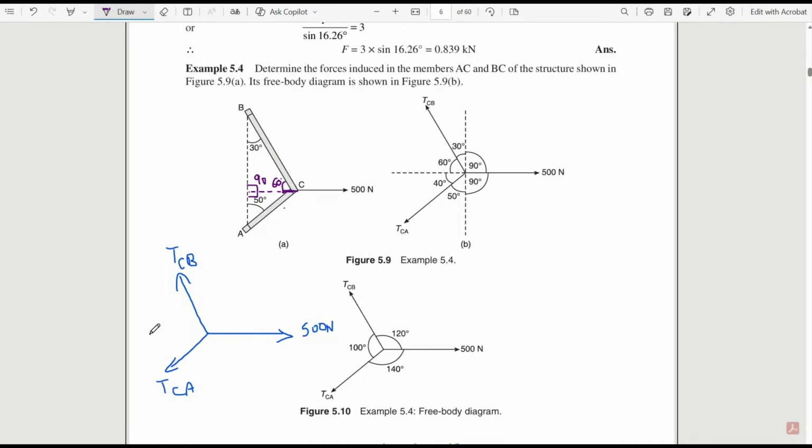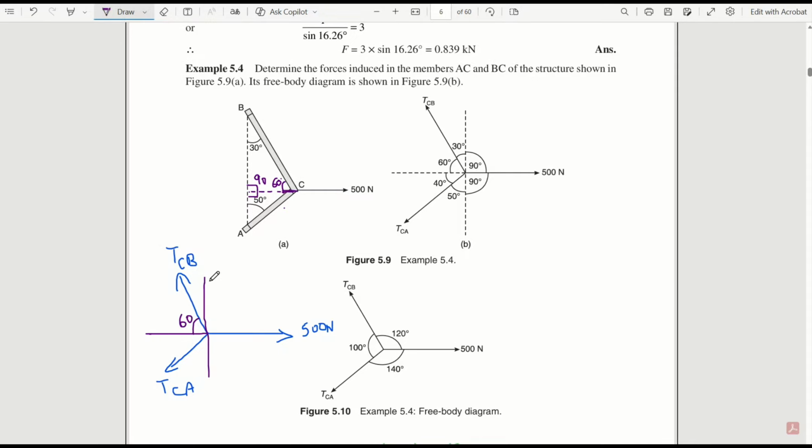Now you know this angle, so can you draw a line here? Just make a note. This angle is 60 degrees.